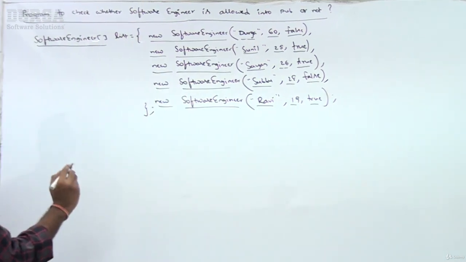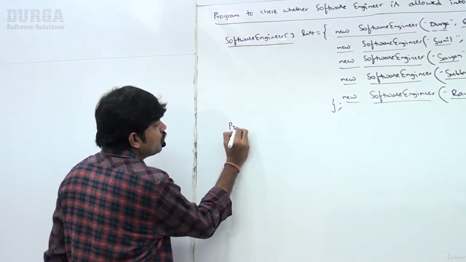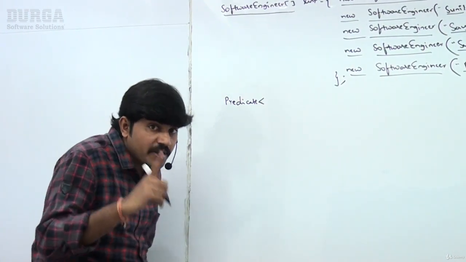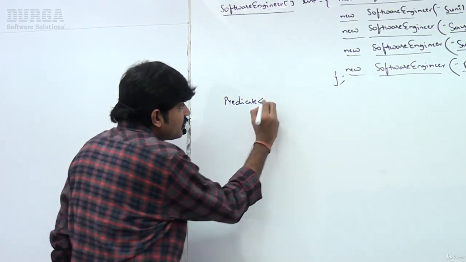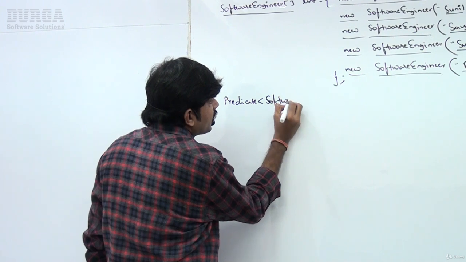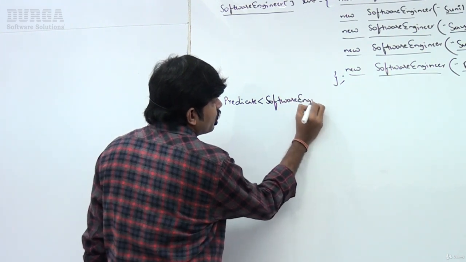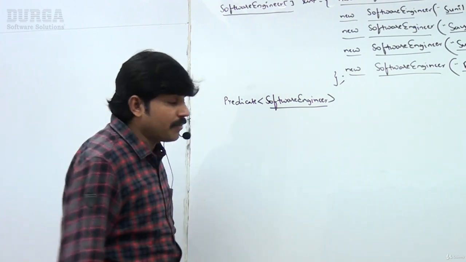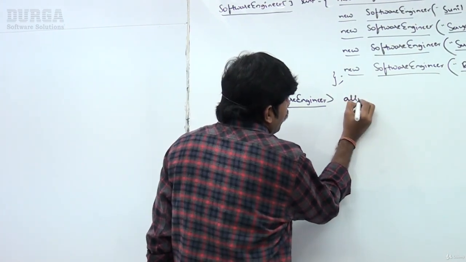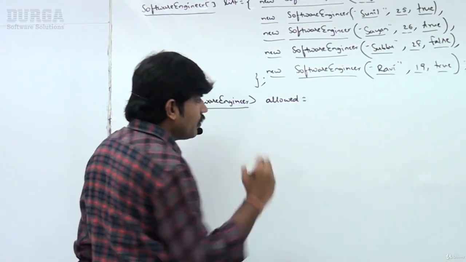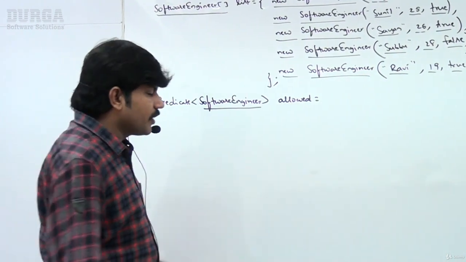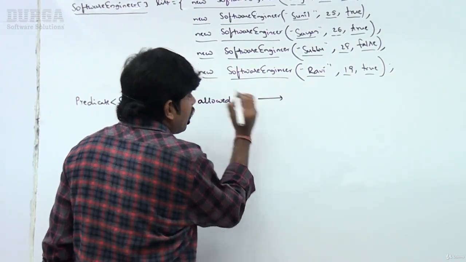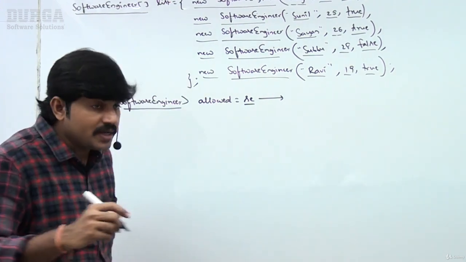Now let me write a predicate to check both conditions. This predicate is going to take which one as the argument? A software engineer object as the argument, the type parameter. Allowed is the reference variable. Allowed is equal to, if I give a software engineer object as the argument, what condition do I have to check?